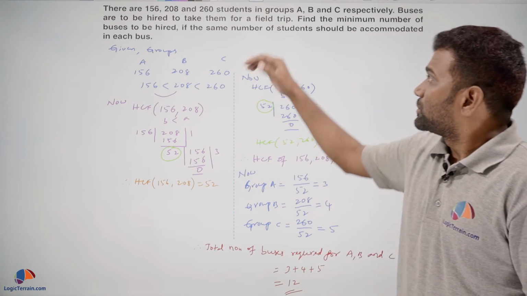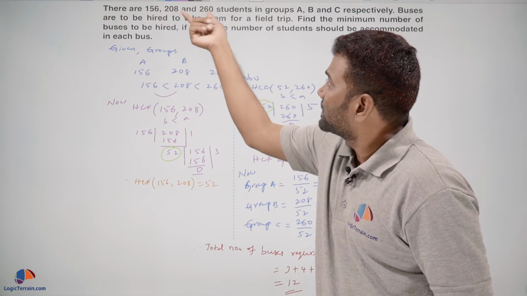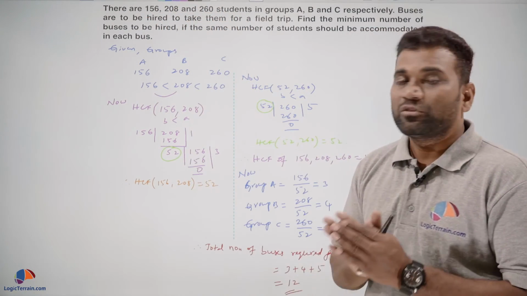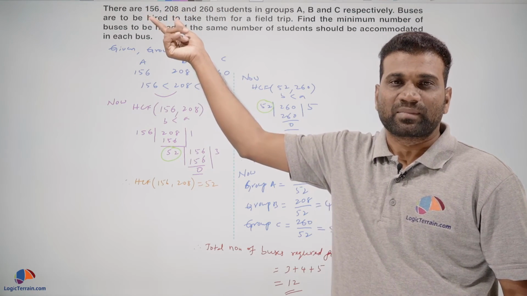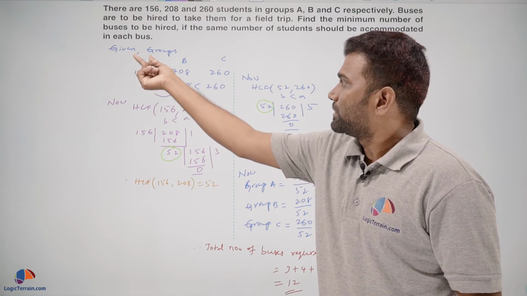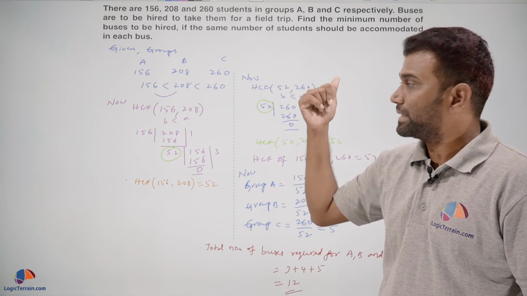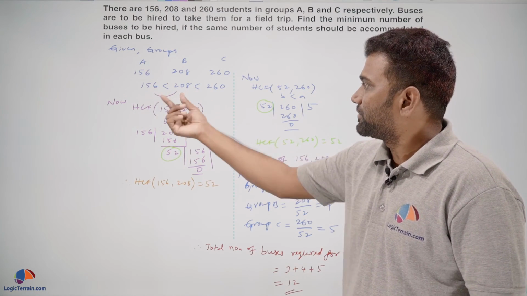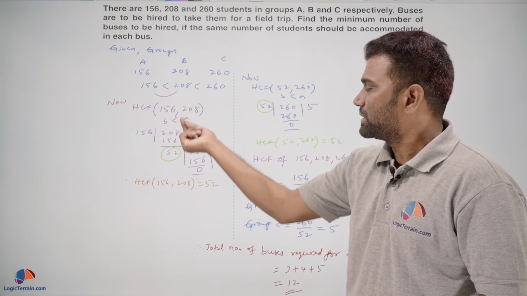To get equal groups among these different groups, we need to find the HCF of these three numbers. Are you clear? That is the highest common factor of these three numbers. In group A we have these many students, group B these many, group C these many. Now we find the HCF by taking any two groups.